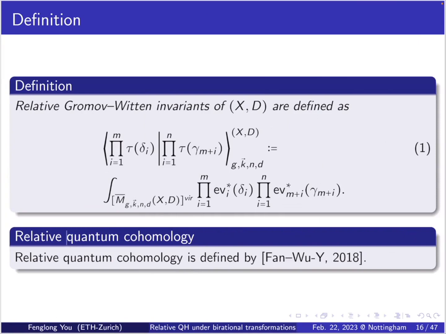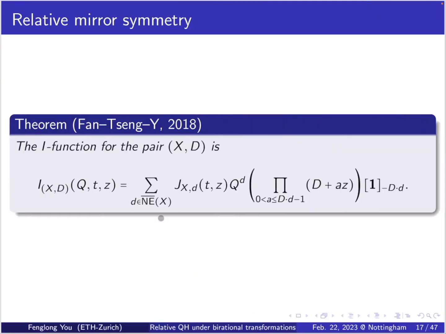And one can also define a quantum cohomology structure, which we call relative quantum cohomology. And again, the definition is similar to the absolute case. I'm not going to write down a formula here. There's also a mirror symmetry statement for Gromov-Witten theory of a pair, and there's also an I function. In this paper, we have an explicit formula for the I functions.